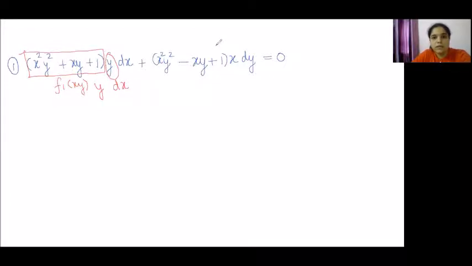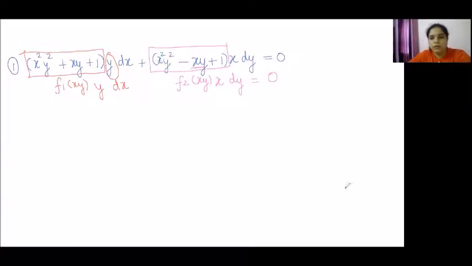Now similarly, if you check this one, x square y square minus xy plus 1, this is again a function of xy. Let us name this as f2. Then we have this x dy equal to 0.